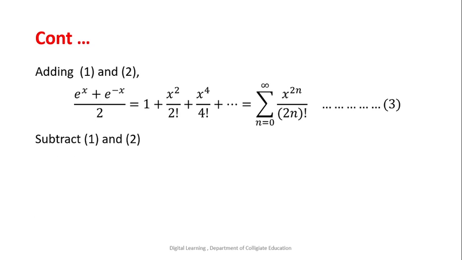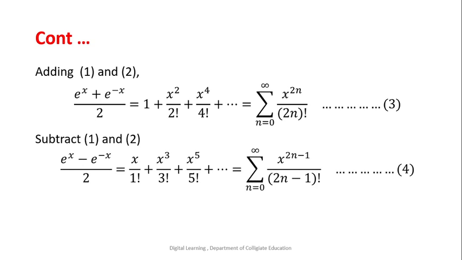Similarly, subtracting 2 from 1, we get another equation: e to the power of x minus e to the power of minus x divided by 2 is equal to x by 1 factorial plus x cube by 3 factorial plus x to the power of 5 by 5 factorial so on. That is summation n equal to 0 to infinity x to the power of 2n minus 1 divided by 2n minus 1 factorial. Now put x equal to 1 in the above equations.